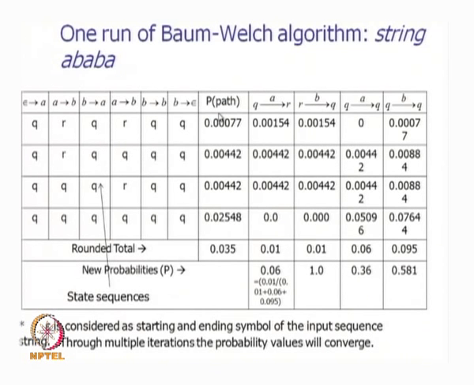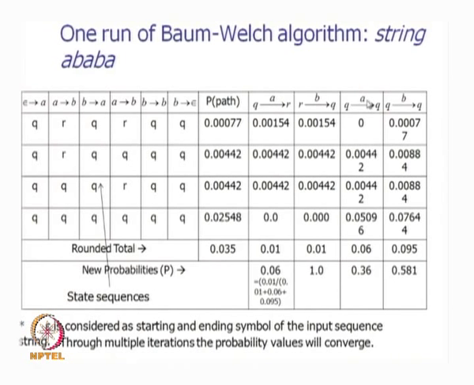So, it has to increase and we find that it has increased. It was 0.04, now it has become 0.06. The probability of R to Q on B: there is no other transition from R and therefore, it has to be divided by 0.01 itself and we get the value 1.